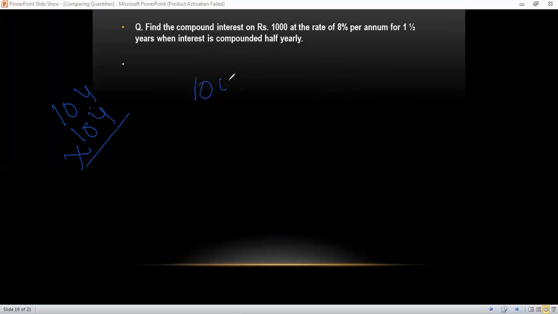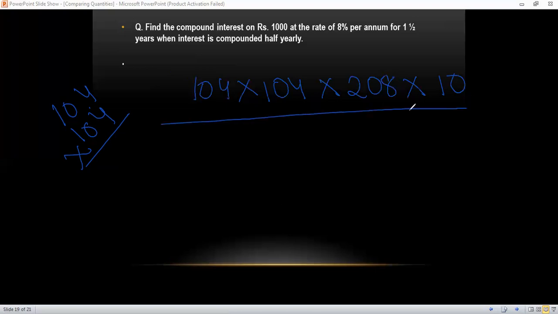That is, we have to multiply 104 into 104 into 208 upon 100 into 100 into 100. The zeros will get cut. Now it is very simple. Here you have to multiply and then place the decimal point according to the zeros. You can do this on your own, because you only have to multiply.